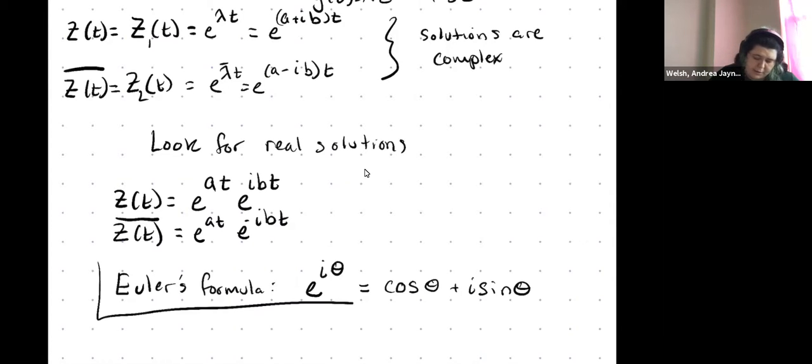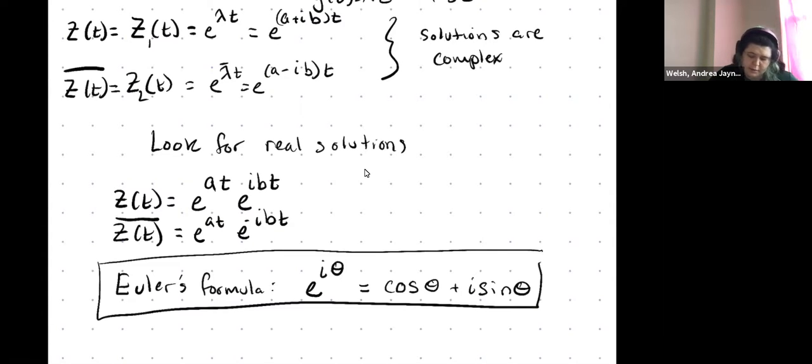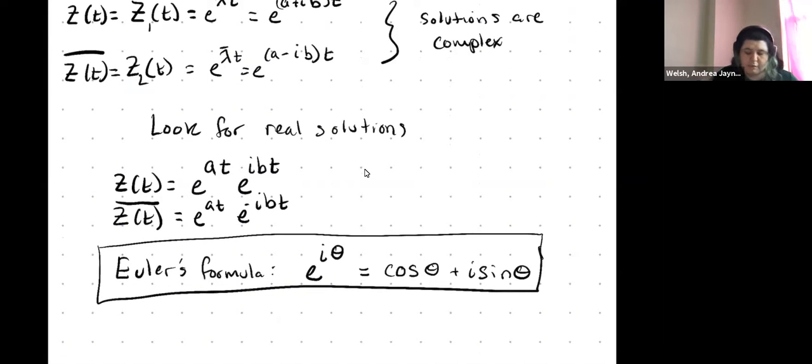So keep this in mind. It's going to come up in a few different places. Here we can see that the first exponential in both of these cases is real, and that's good, because that matches with the solution we ultimately got.